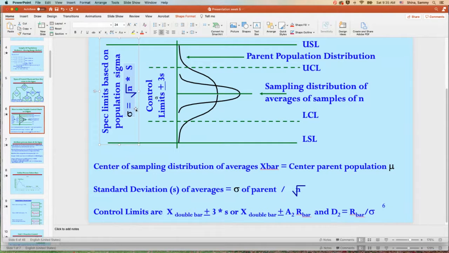It's a sample of sample averages, and then sigma comes from the population. Once we know sigma, and once we know the X double bar, the center point of the control chart, we can work them against the spec limits and we can get the reject rate.